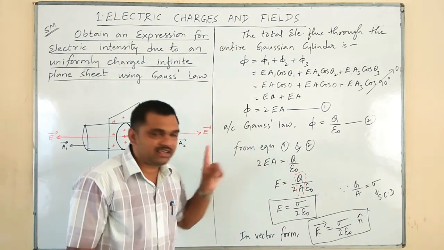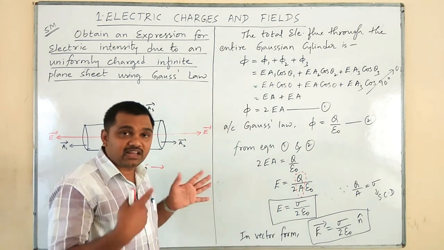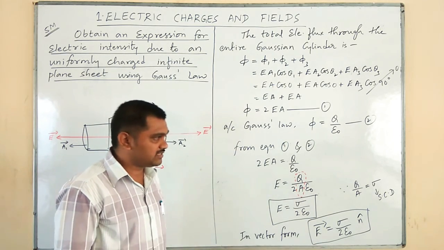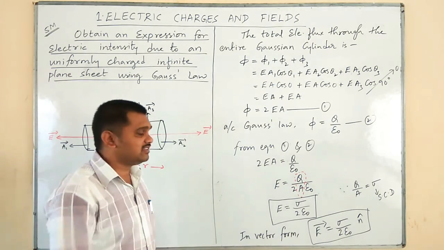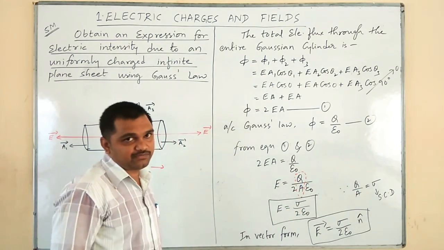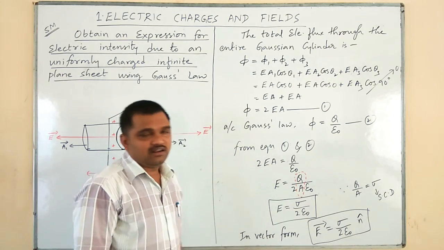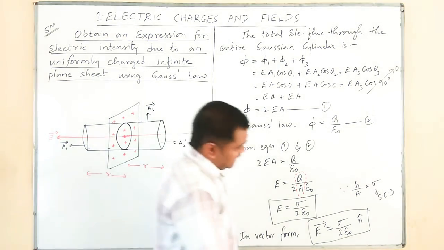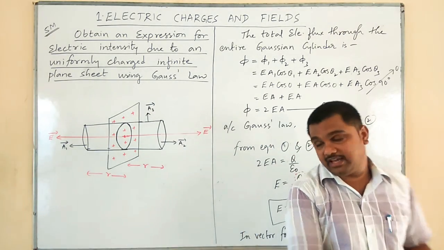But q divided by A, that is charge per unit area of the conductor, is said to be surface charge density sigma. So I have replaced q by A with the help of sigma, and this is the vector form of this electric intensity expression. Okay, fine.